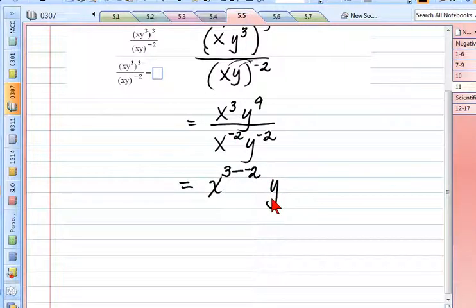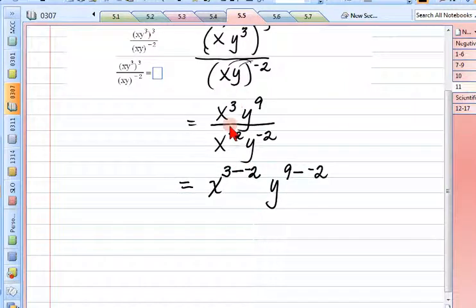Y to the, what will I write down? 9 minus, because it's quotient rule, negative 2, because the bottom exponent was a negative. What I see people do as a mistake is put 3 minus 2. That doesn't show that you wrote down subtraction.